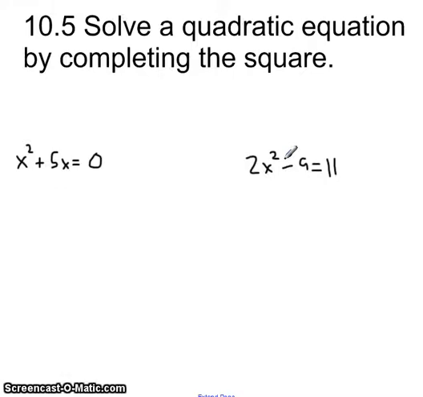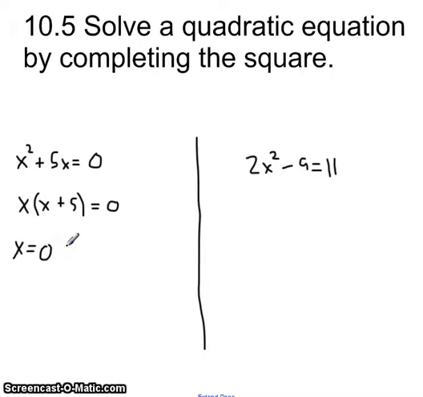We learned how to solve a quadratic equation by factoring, and that would be a technique I can apply on the left side. Taking an x out, taking the greatest common factor here, I'll have x times x plus 5 as my factored form. And then using something called the zero product property, which says that if two things are multiplied and they equal 0, then either the first factor needs to be 0 or the second factor could be 0.